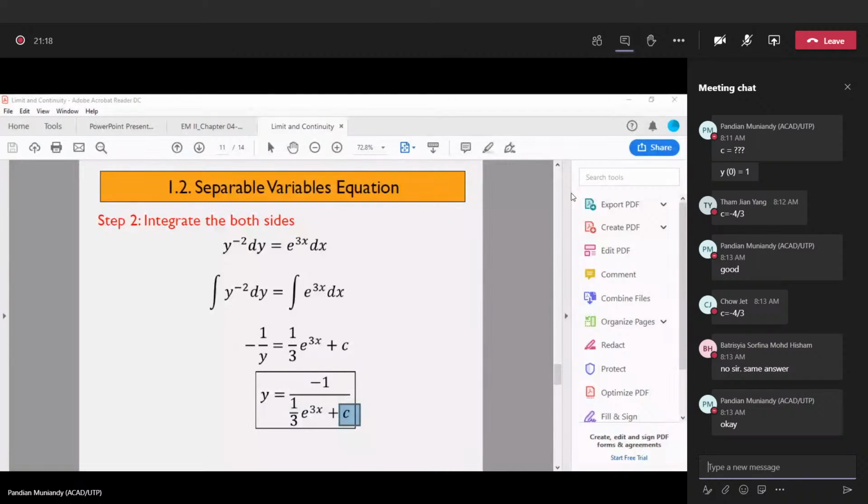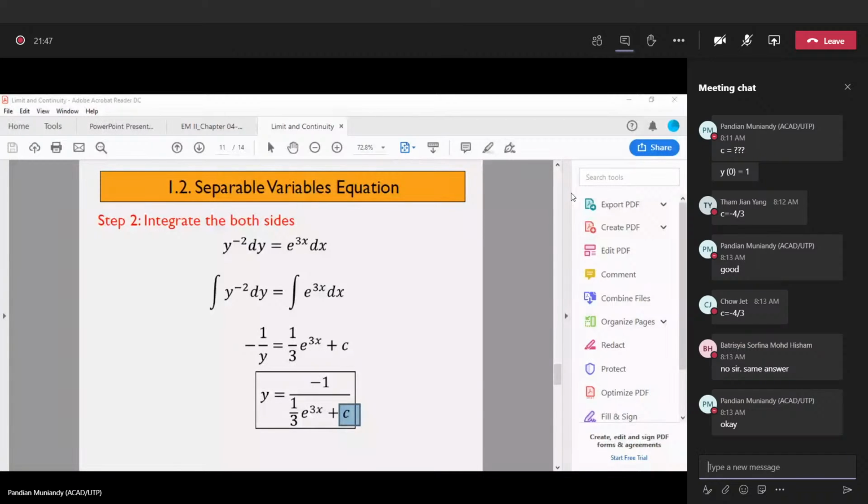You can plot the graph of y with respect to x. Your y is output, x is the input. Then you can see the exact solution, and you compare this solution with the Euler method, Heun's method, and Runge-Kutta method. This is the exercise that you have to do on your own.